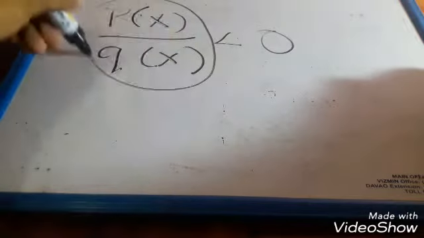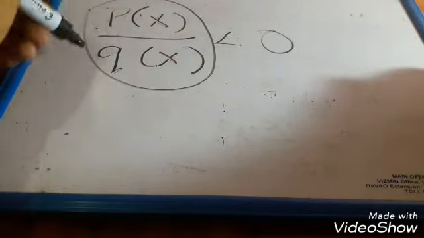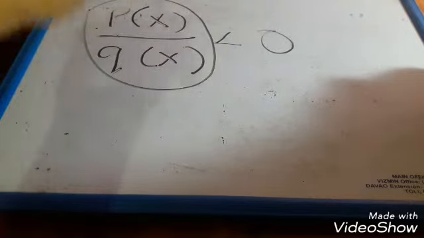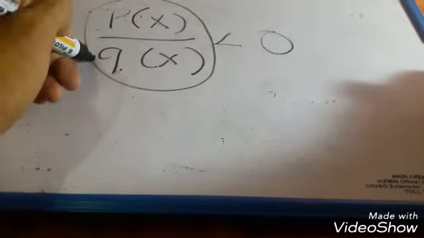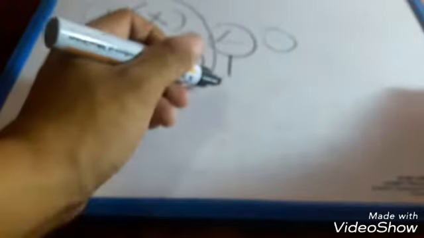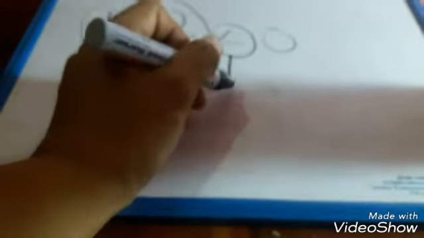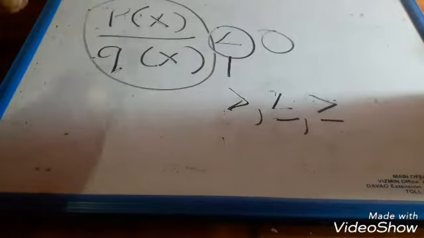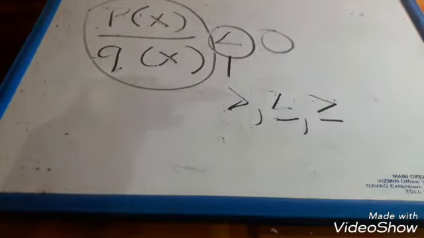This is the single fraction in the rational function, with polynomials over polynomials, and this is the inequality, which can be written with another sign: greater than, less than, equal, and greater than or equal. So this is now the technique on how to deal with rational inequalities.